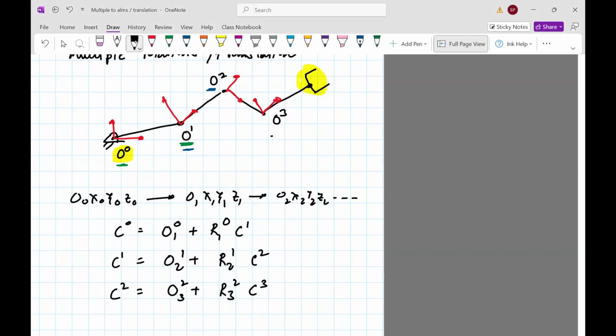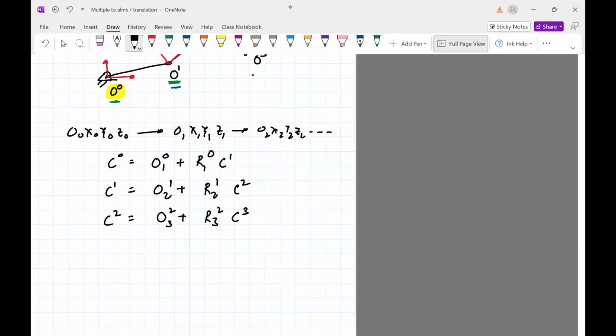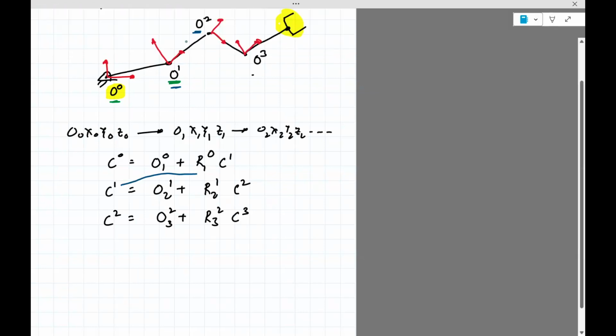For that, we can substitute this C1 inside here and this C2 inside here, and that will help us relate frame C0 with C3, this frame with respect to 0.